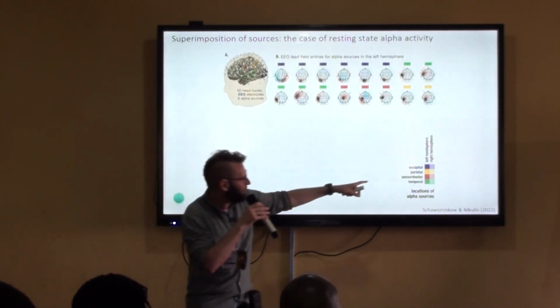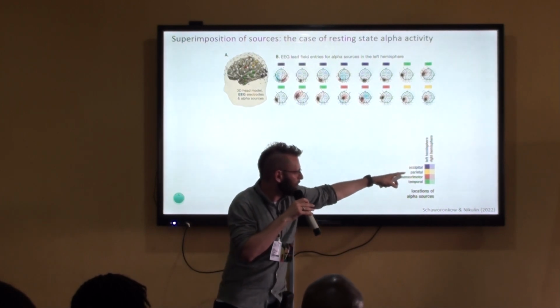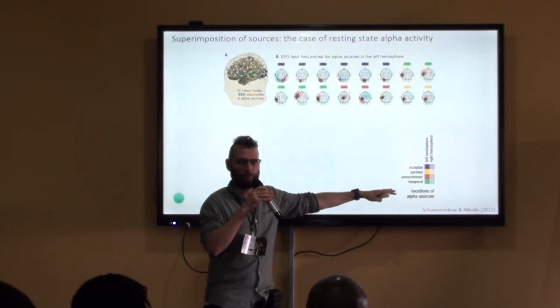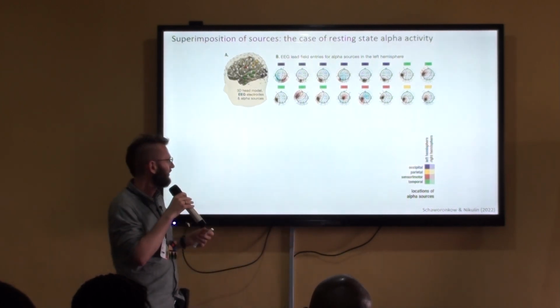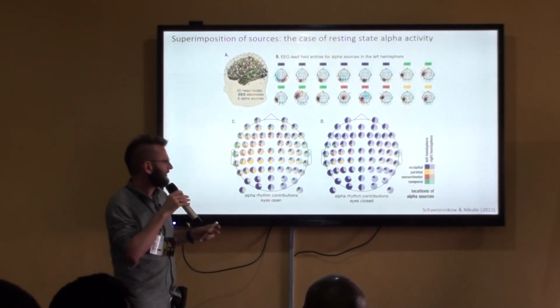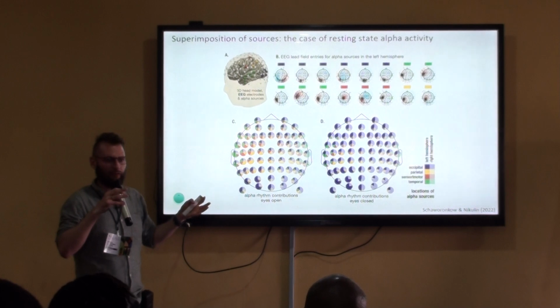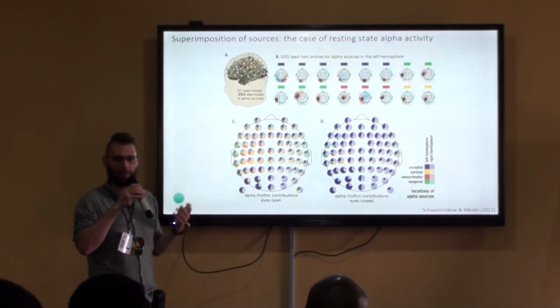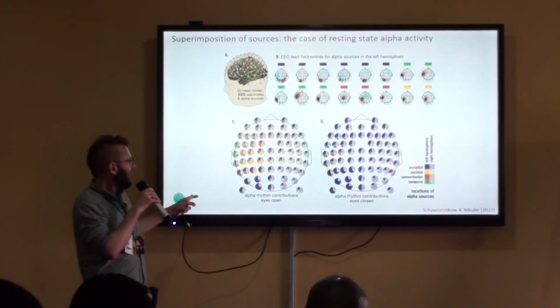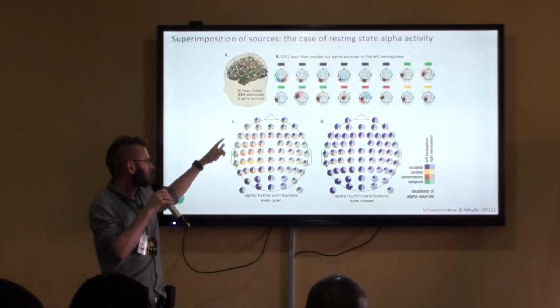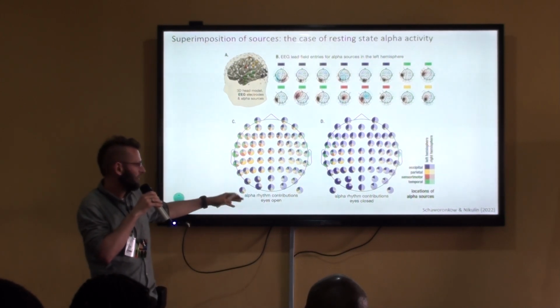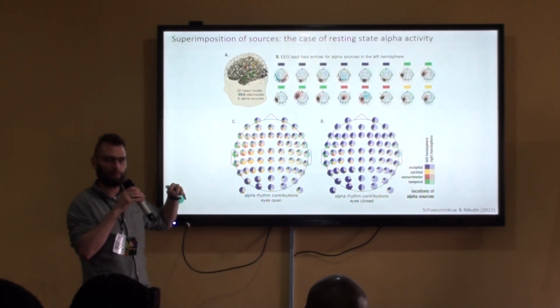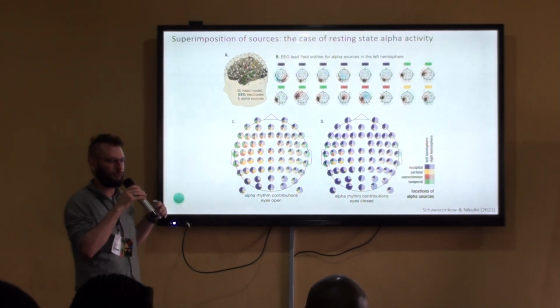So they color code them here, blue, yellow, red, green, depending on the source of the alpha oscillation. And they then simulated what would be equivalent to a resting state EEG measurement. And what they showed here would correspond to, as I said, eyes open, where you have a bit of a suppression of the visual alpha.